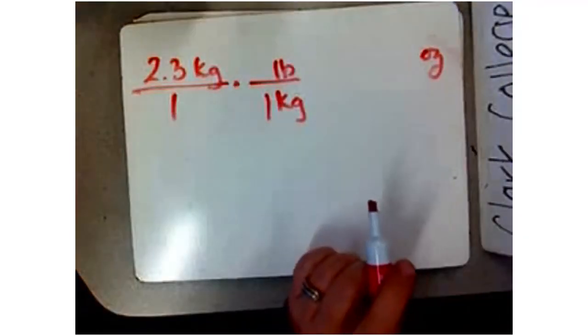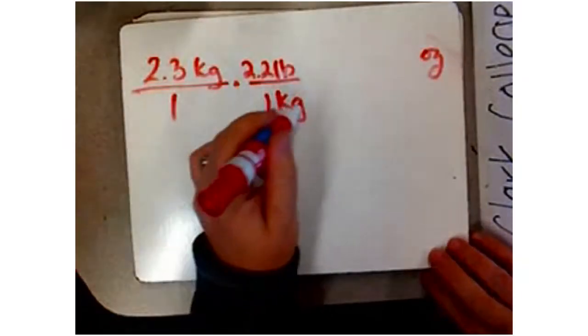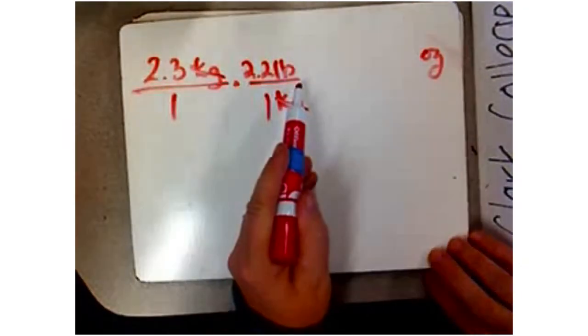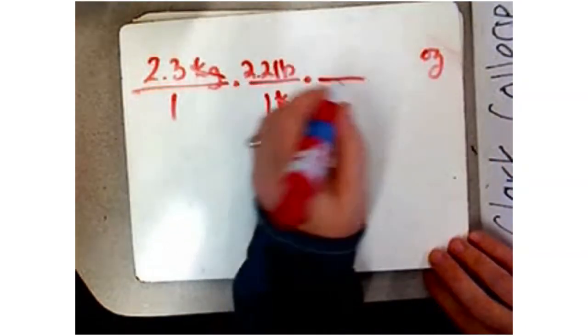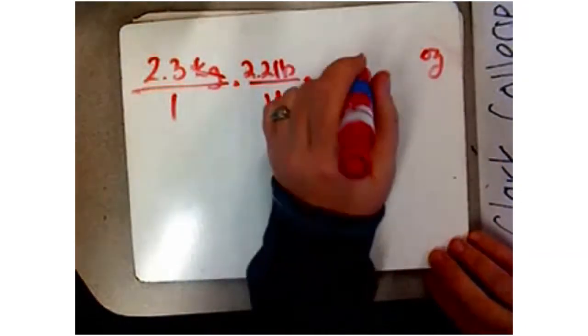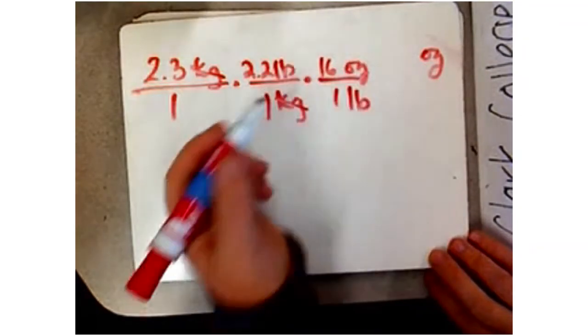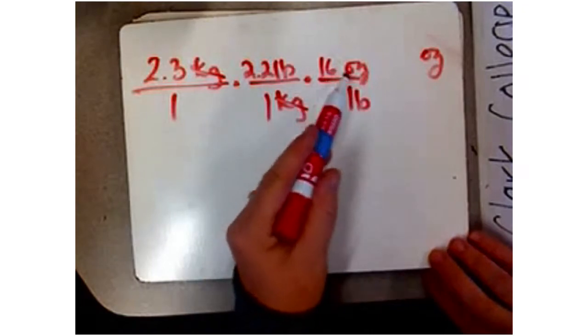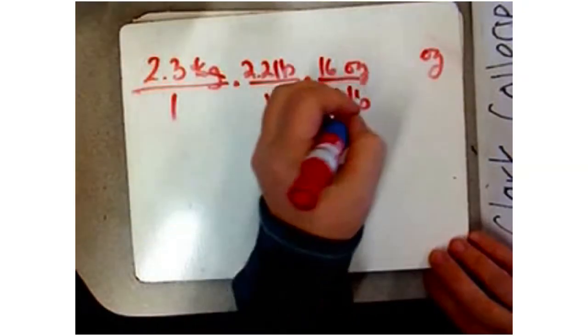And 1 kilogram is approximately 2.2 pounds. So if we stop there, we would have pounds. We want to get to ounces, so we need another bridge. Pounds is going to go on the bottom of this bridge, ounces on the top. And we know that 16 ounces is a pound from a previous section. So we're using our conversions within the American system now.